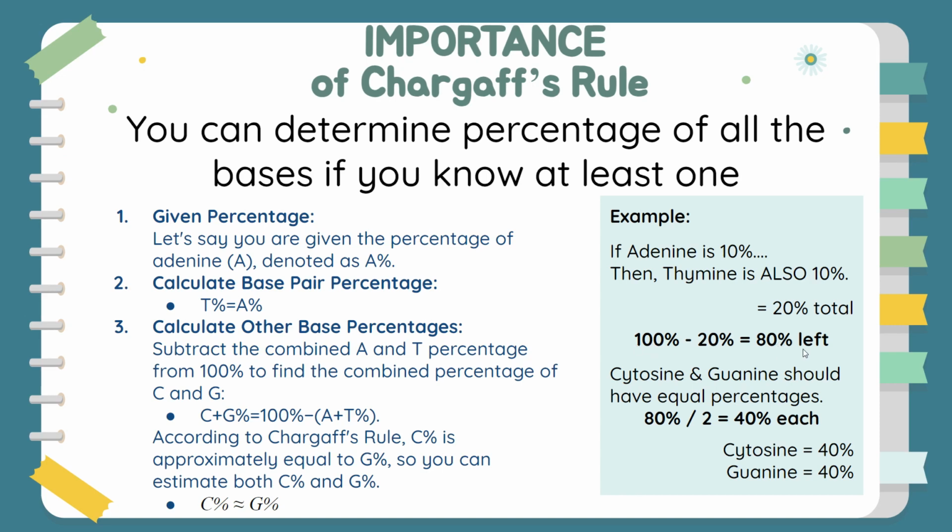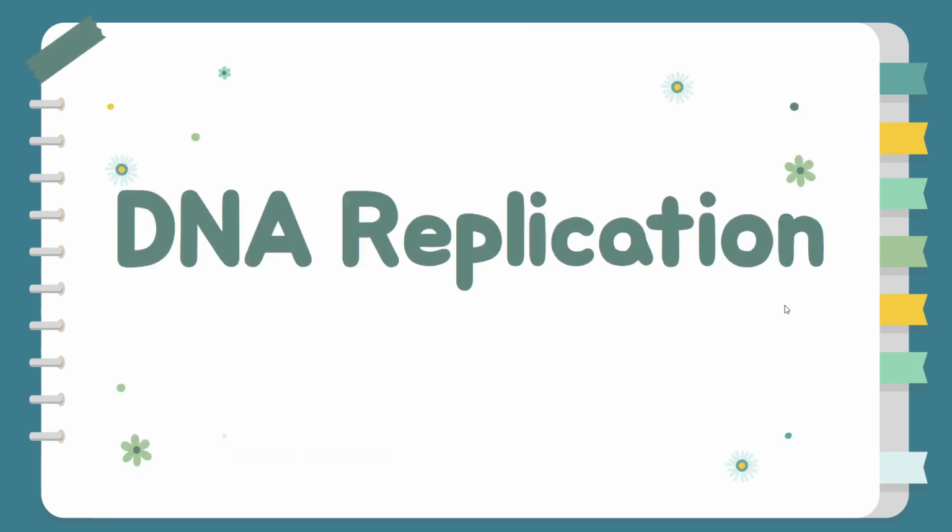That's going to give us 80% left over for our other 2 bases, cytosine and guanine. Using Chargaff's rule again, we know that cytosine and guanine are approximately equal to one another. So we can divide by 2 since we have 2 bases, and we can calculate that each of cytosine and guanine is approximately 40%.